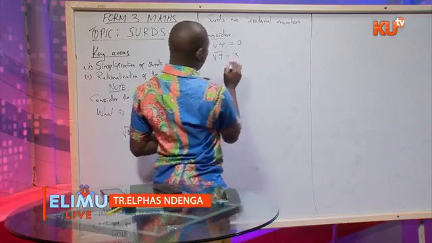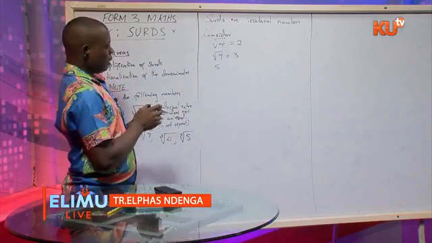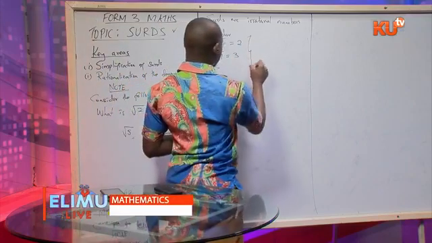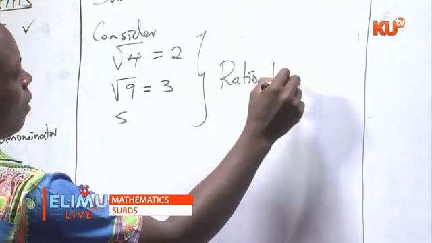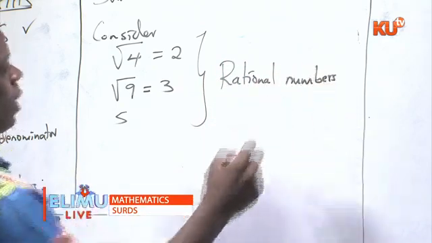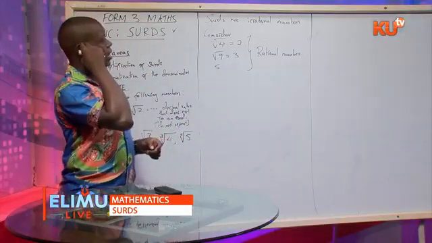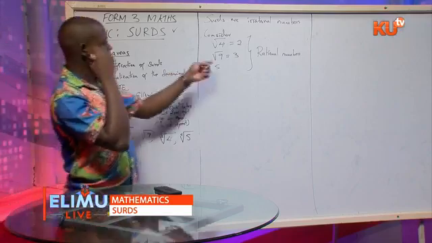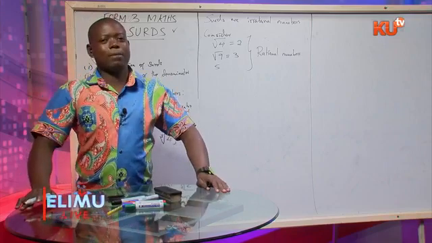Again, I can consider just a real number like 5 without the root sign. These are what we call rational numbers. So when a root has no exact value, we refer to it as an irrational number, but when an exact solution can be obtained, we call it a rational number.